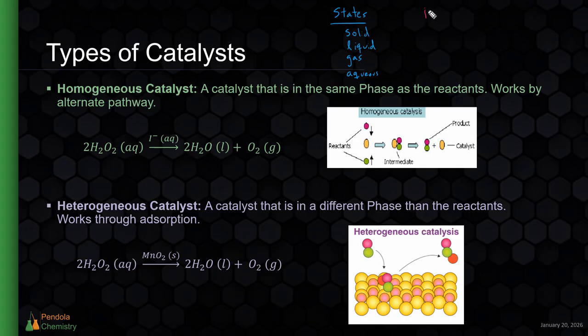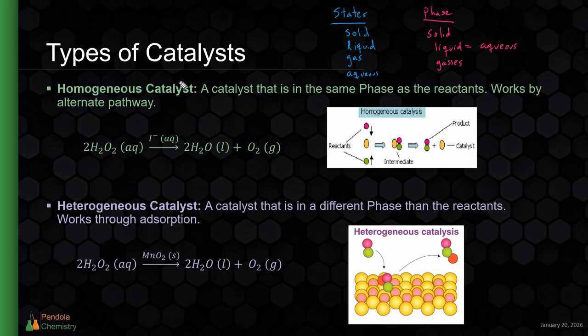A phase of matter, however, is a little more broad. With phases of matter, we still have solid, liquid, and gases. But under phases of matter, liquid and aqueous are classified as the same phase of matter. So whether something is liquid or is aqueous, we essentially consider the two to be the same phase, whereas solid and gas are different phases.